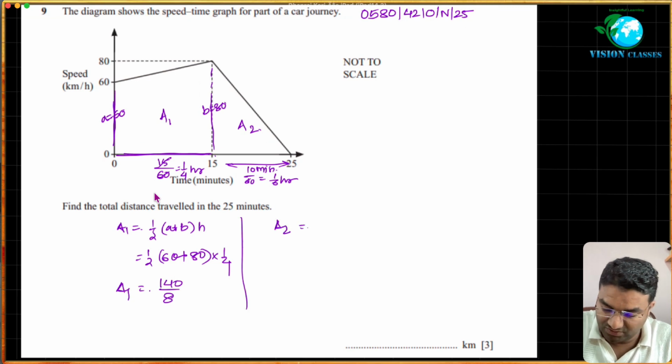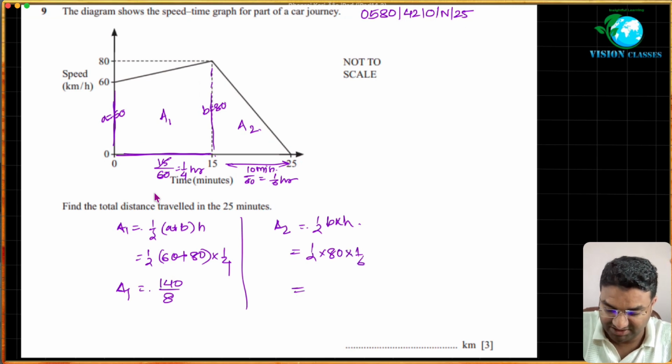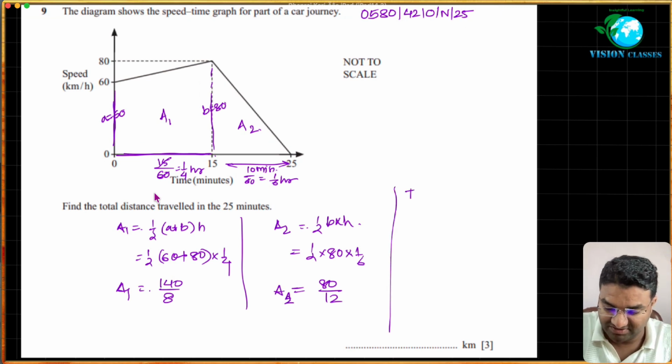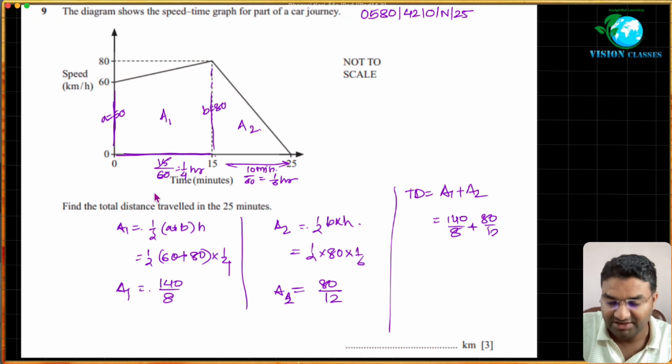Then A2 is 1/2 times base times height, so we'll take just base times height. Here it's 1/2 times 80 times 1/6, which means 80 divided by 12. Add A1 and A2 and you will get the total distance traveled, which is A1 plus A2, 140 by 8 plus 80 by 12.